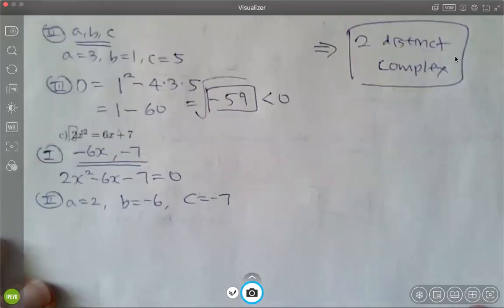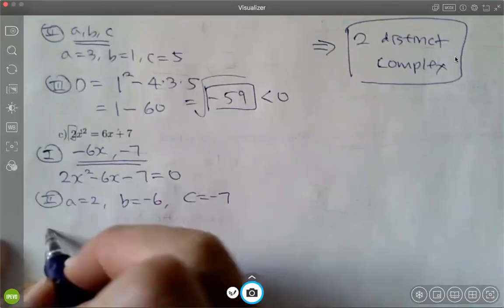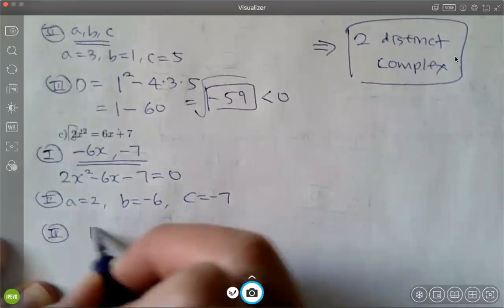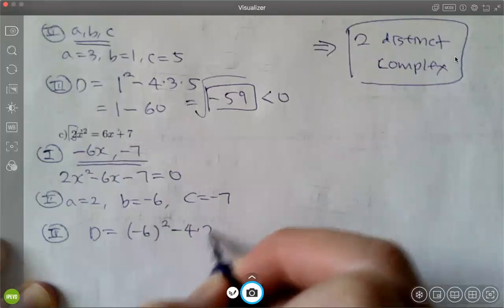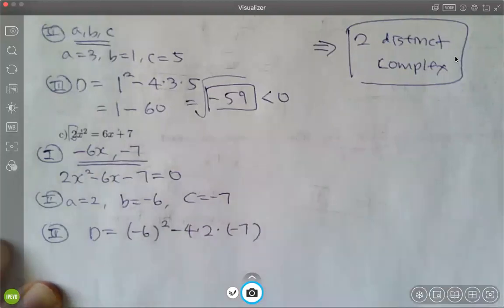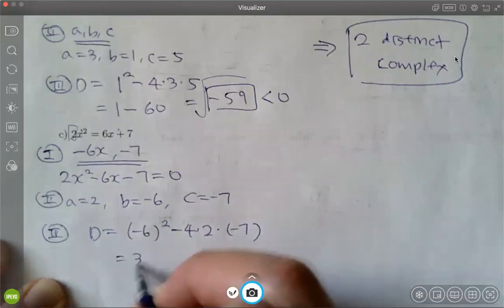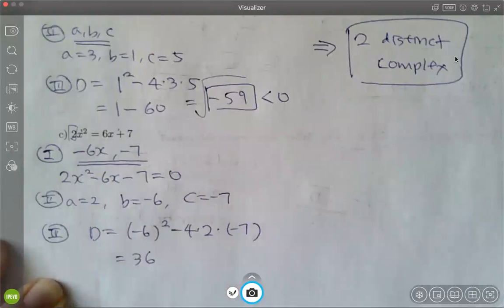Okay, so what's the discriminant? D is equal to B squared minus 4 times A times C. Okay, so now negative 6 squared, what's that? 36, right? And now that is what? So 4 times 2 times 7 is what? 56? Is it minus 56 or plus 56?